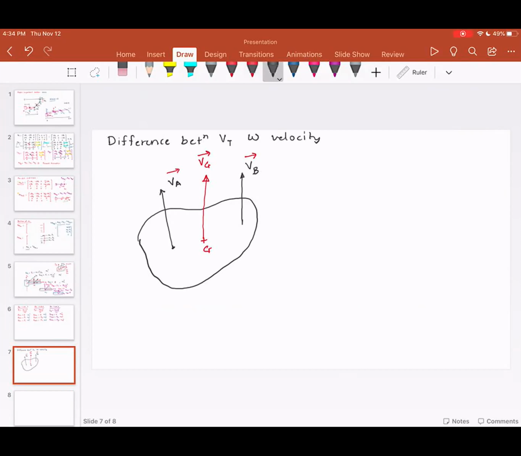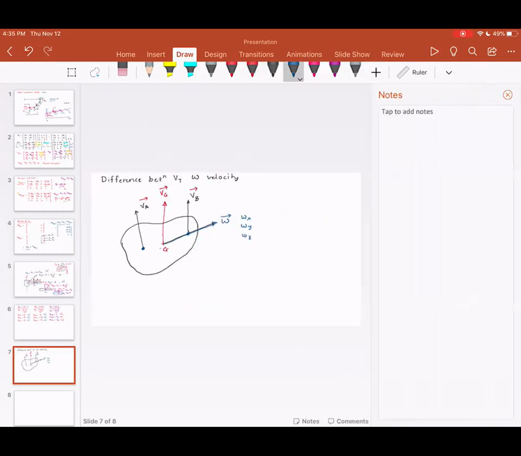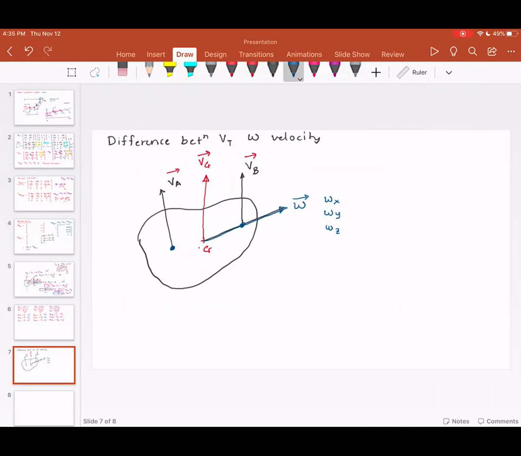Now, this rigid body could have rotation about x, about y, and about z. So I'm going to call this a rotation vector. Let me show this rotation vector. This is the rotation vector omega. It's going to have three components: omega x, omega y, omega z. And this rotation of the rigid body, whether you consider a point A or a point B, this omega vector is going to remain the same.